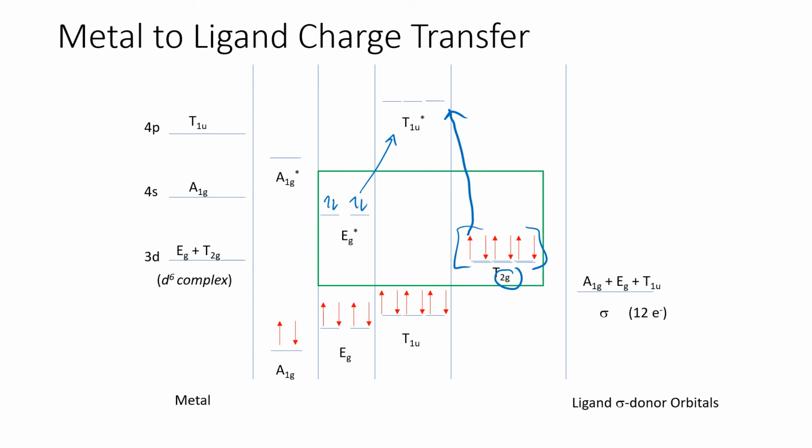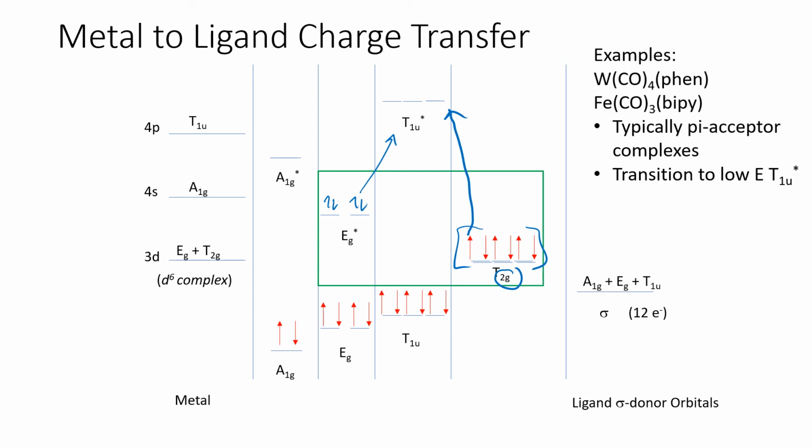So some examples of this, and these are not as common, are these two complexes, not things you'll run into on the street, but these are carbonyl complexes of two different metals, tungsten and iron, with some pi acceptor ligands added to it. Okay, so these are all pi acceptor ligands, the carbonyl and phenanthroline or bipyridine. And what that does, if you recall, is it generates new orbitals.